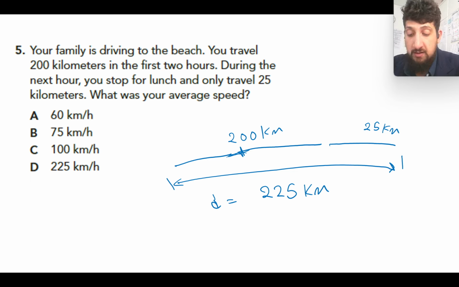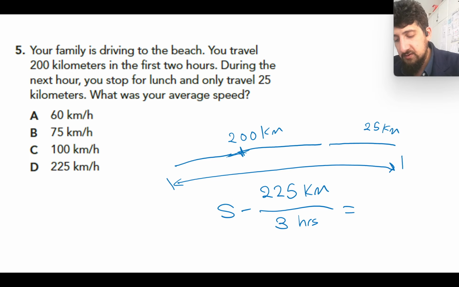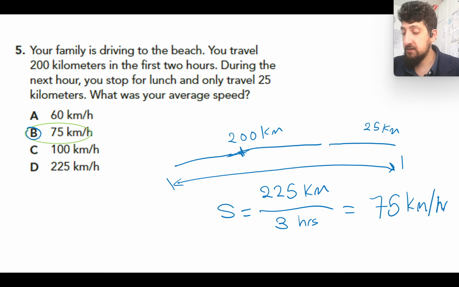What about the time? The time is 3 hours. So the speed is going to be distance over time, which is 75 kilometers per hour. Okay, 75 kilometers per hour.